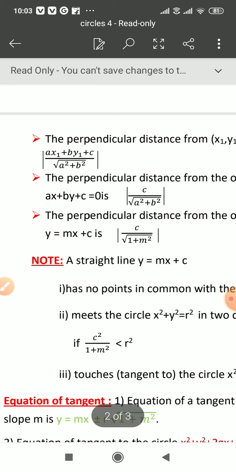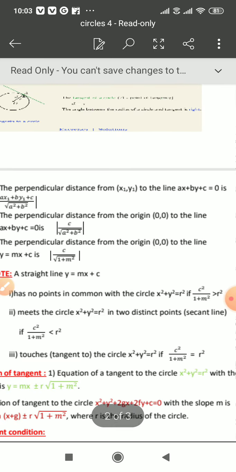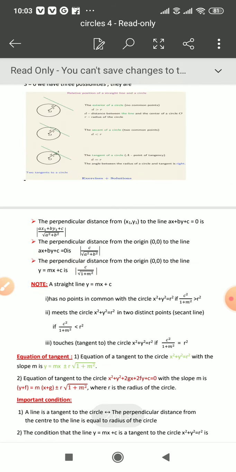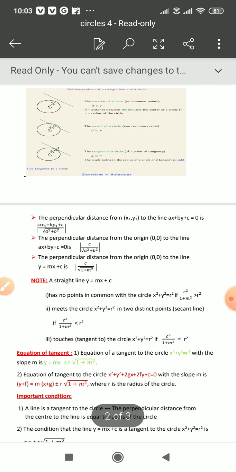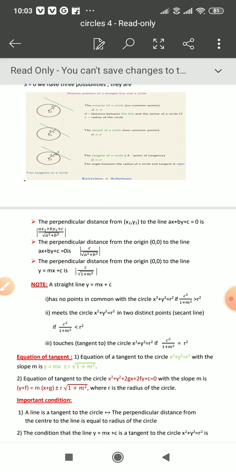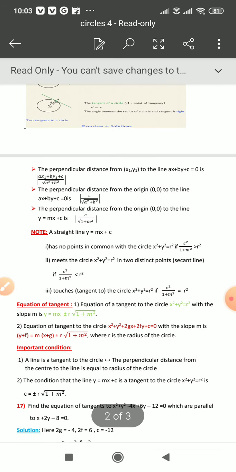We recall some formulas from before. These are the perpendicular distance from a point (x1, y1) to the line ax + by + c = 0. In our first year straight lines chapter, we have this formula. The perpendicular distance from a point (x1, y1) to the line ax + by + c = 0.